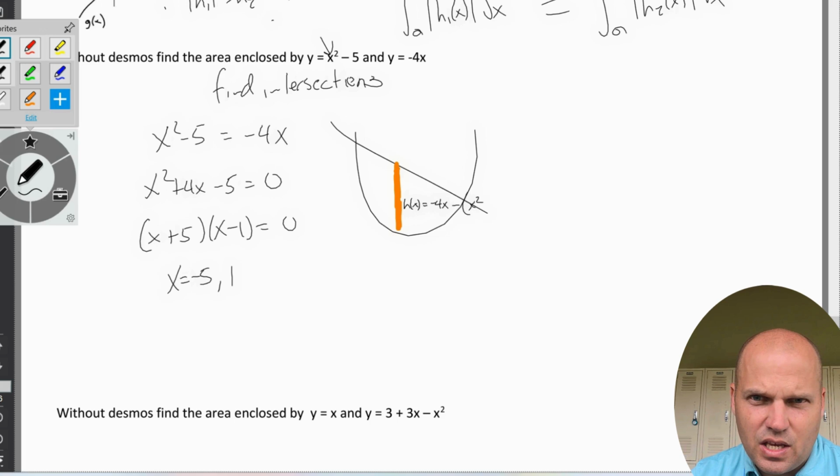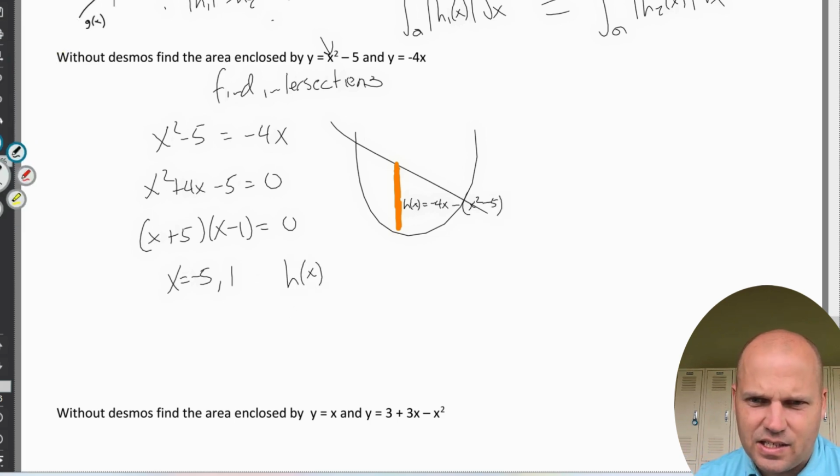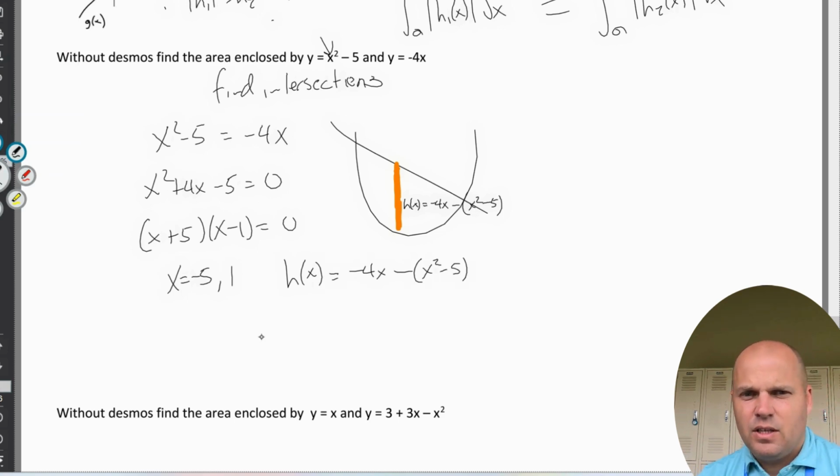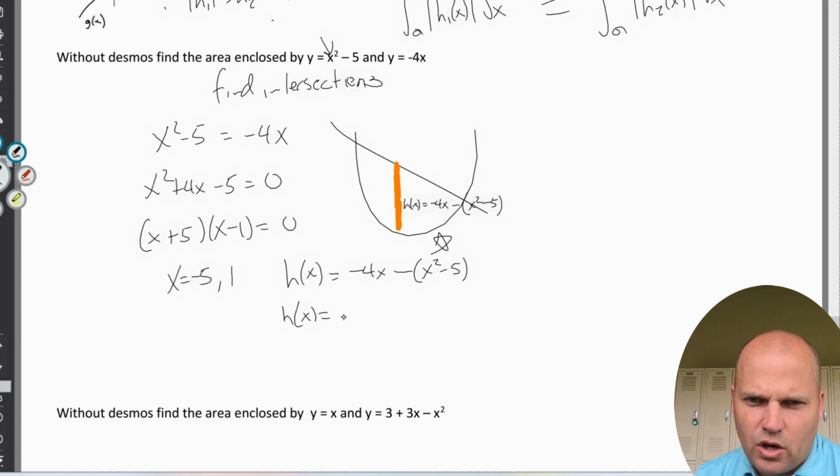I can see that my heights are a top minus bottom, which is the line, minus the equation. So I got h of x, which is negative 4x minus x squared minus 5. Now you got to subtract that entire bottom, and I can see a lot of us making mistakes at this. So that becomes negative 4x minus x squared plus 5.